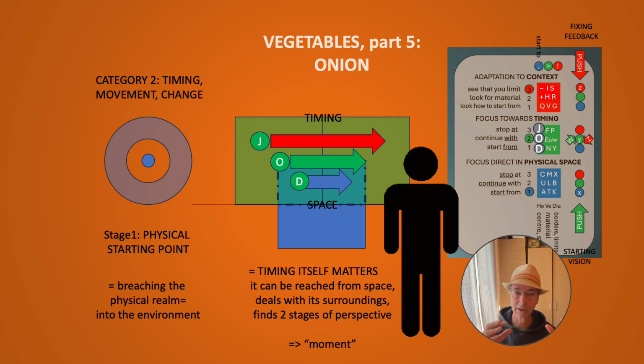O is focused upon a point in space, in the environment in space. It will focus mainly on what is defining the moment. It's that moment in the beginning where you start to see an evolution, and where you also start to see an end result, the moment.